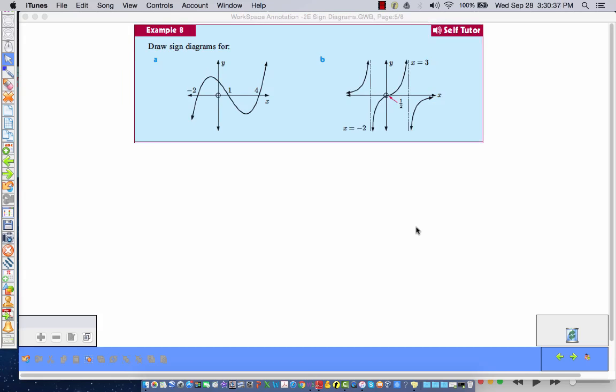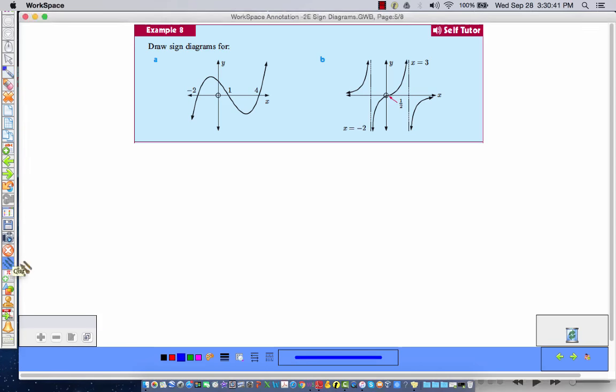Okay, so let's do our first sign diagram, and we can quickly do it. Let me use a straight line here. That's a little easier. We can quickly do it when we have a graph. So here we go. I'm going to just draw a horizontal line, and I'm going to find out where my zeros are, and they are at -2, at 1, and at 4.